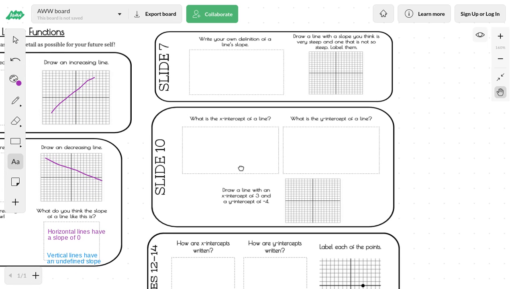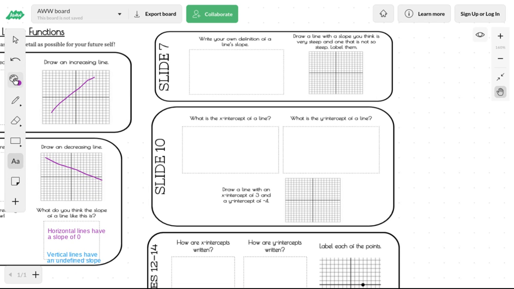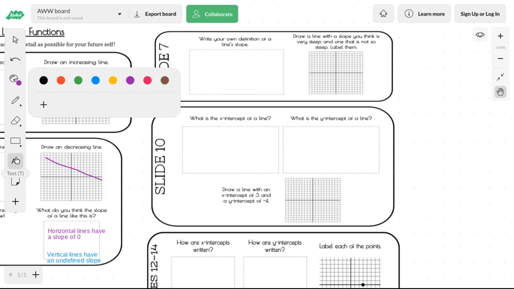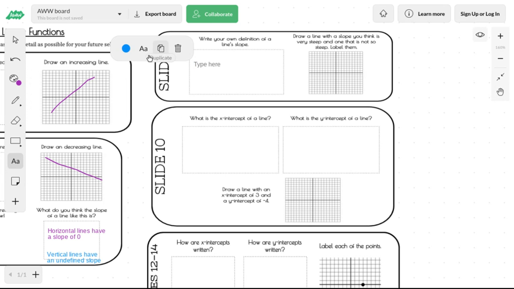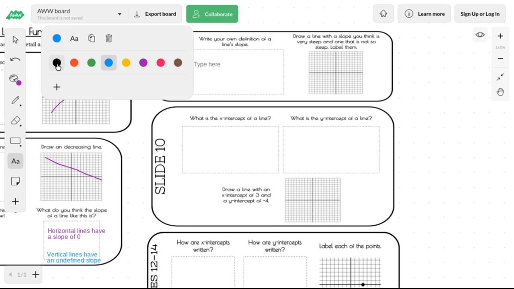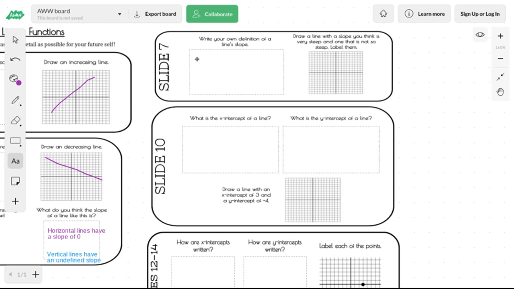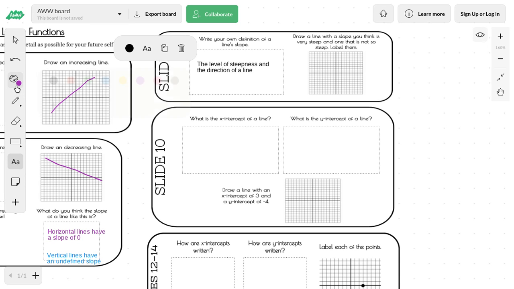So then next we talked about what slope actually is. So slope is the level of steepness and the direction of a line. So it says to draw a line that's very steep and then one that's not so steep.